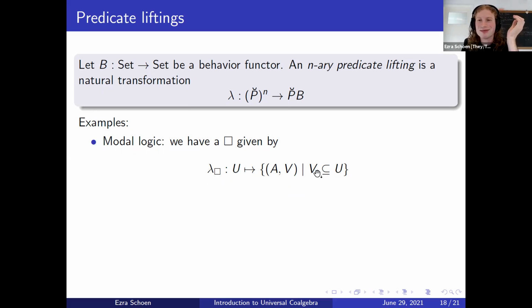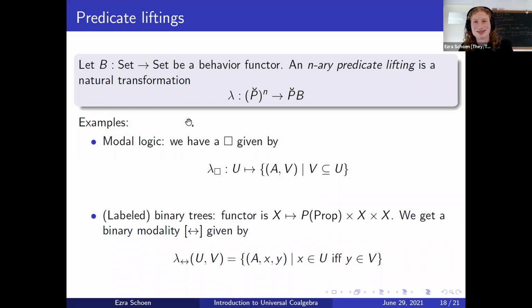For me, it's not immediately clear why box and diamond are now duals. That kind of becomes a coincidence, but maybe it's clear to others. Anyway, this is another unary predicate lifting.